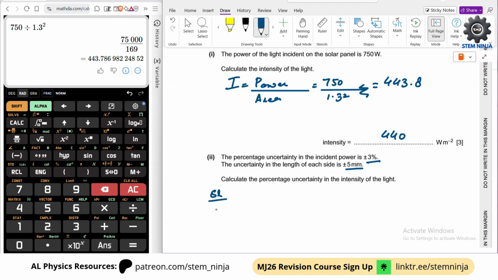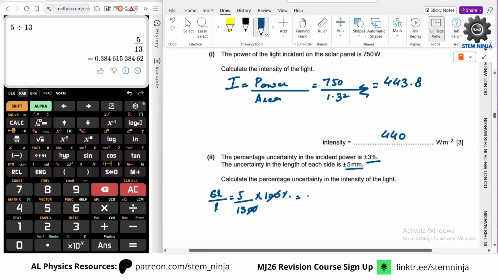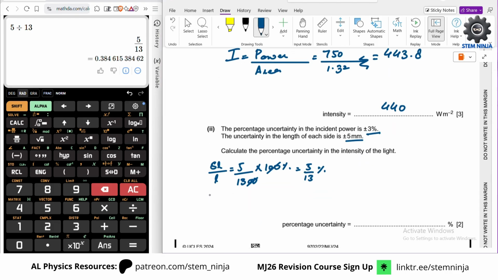So delta L over L is equal to 5 over 1300, 5 millimeter over 1300 millimeter, and then times 100%. So the 0 gets cancelled, so it is 5 over 13. Let's keep it exact because we need to use it to get a further answer.